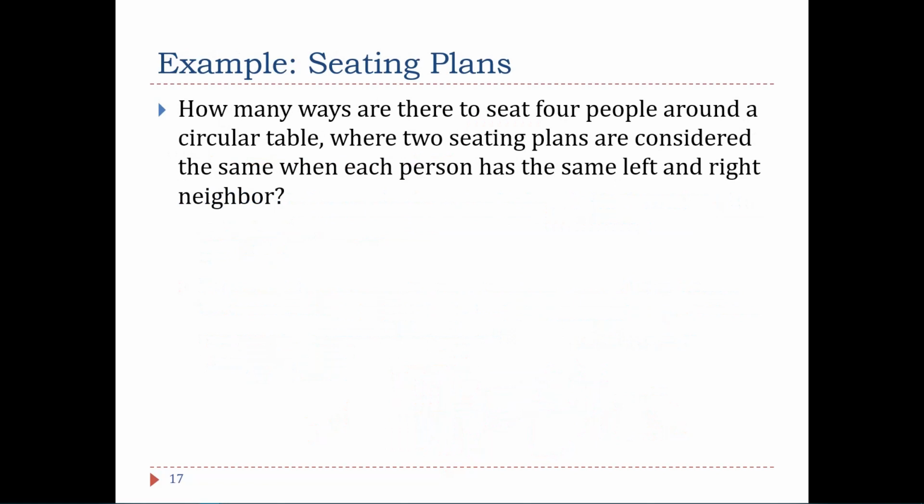Example on this: how many ways are there to seat 4 people around a circular table, where 2 seating plans are considered the same when each person has the same left and right neighbor? So let's explain this. What do we mean by 2 equivalent seating plans?